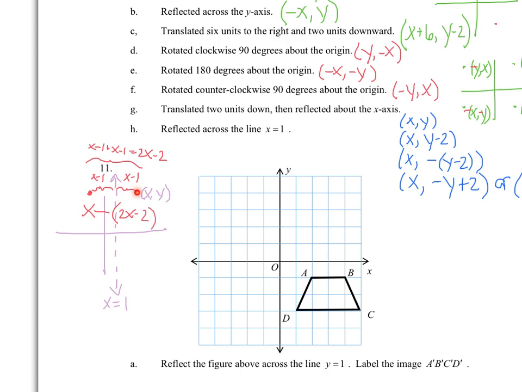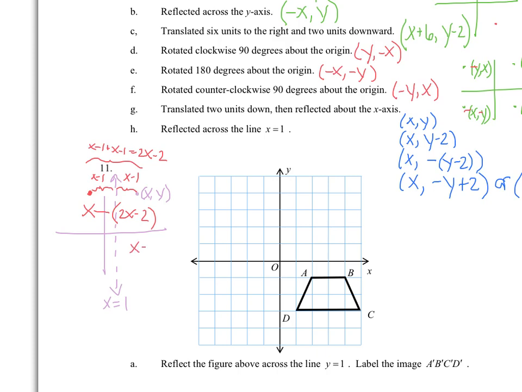Because my point right here is x. It's a distance of x from the y-axis. So if I take x and take away this total distance, I should get my x-coordinate for my new point. We know y is going to stay the same, so we don't have to worry about that.